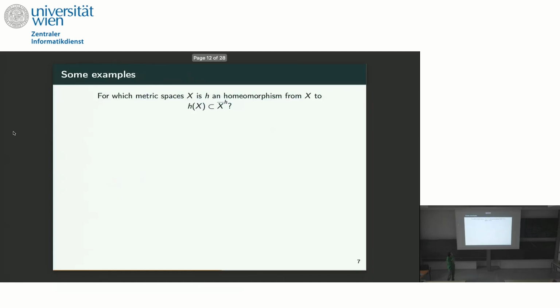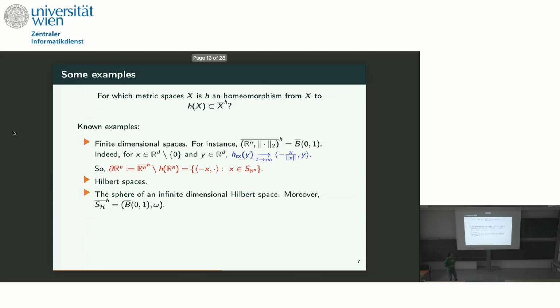Okay. So now we go back to our main question: for which metric spaces is this map H actually a homeomorphism? Known examples are finite dimensional spaces, and when we compute for the Euclidean space, we get that this is always homeomorphic to the closed unit ball.